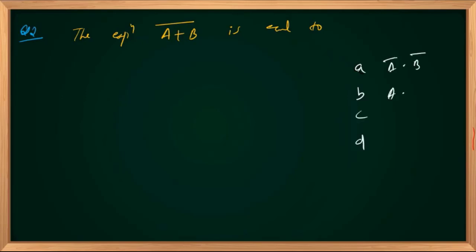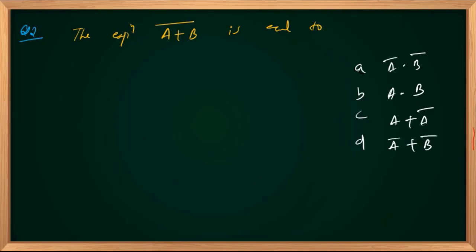The expression (A or B), the whole complement, is equal to four different options: A, B, C, D. A bar dot B bar, A dot B, A or with a complement, A bar with a B bar.